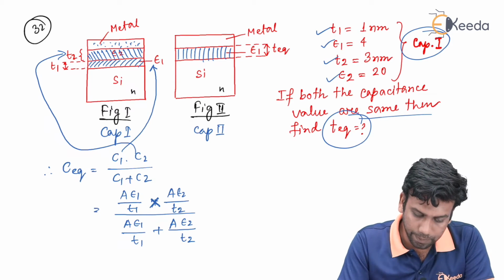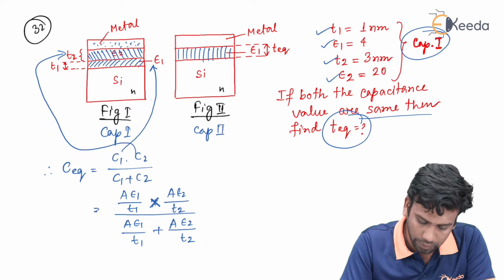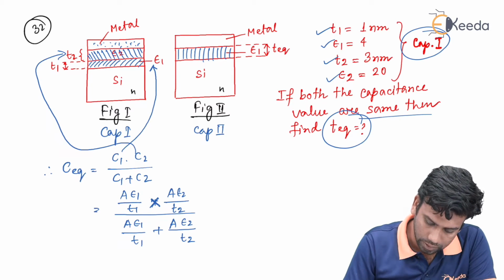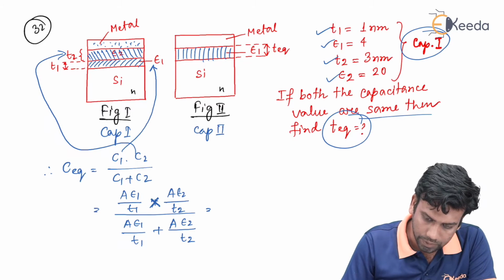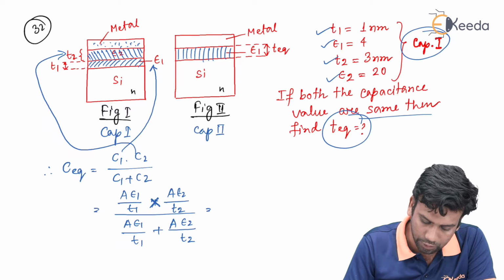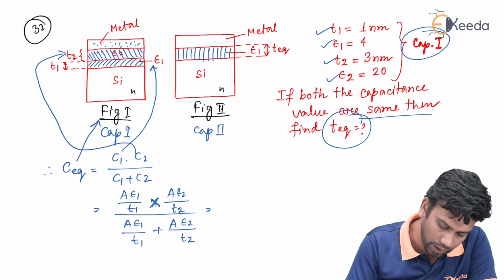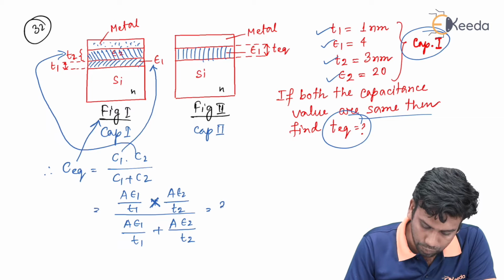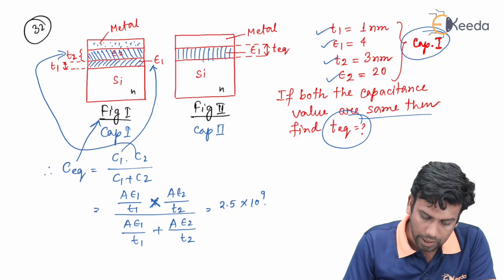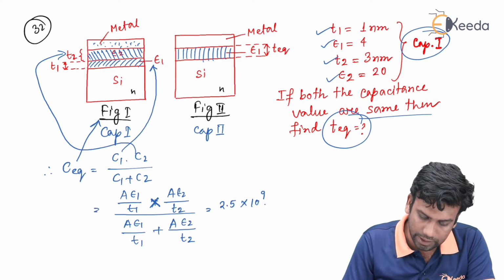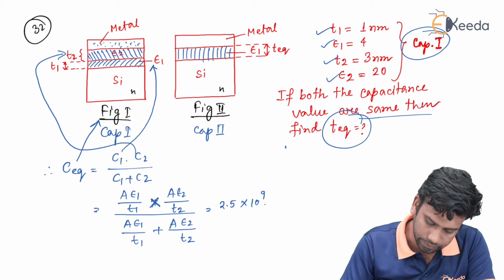Now if I put in the values of epsilon 1, epsilon 2, T1 and T2, I can find the value of C equivalent for figure 1, and it will be 2.5 into 10 to the power 9, into A. There will be an A value also.